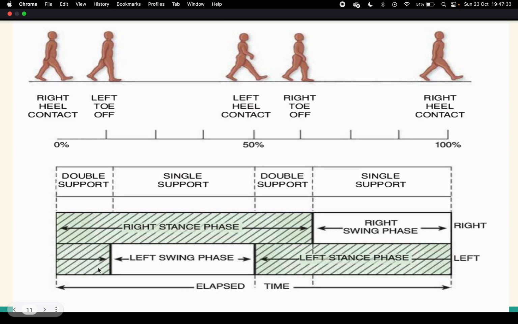Initially, the left foot is also in support, but then the left foot will take the swing phase and land again. So this is the double support, where we have support of both the right and left leg, and lastly also the right and left leg of the stance phase. And next is the swing phase, where the right leg takes its swing phase and the left leg will be in the stance phase.